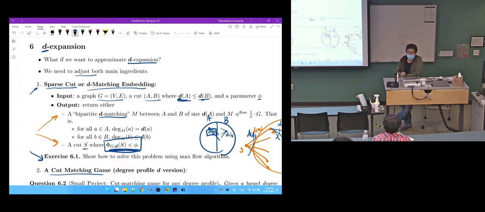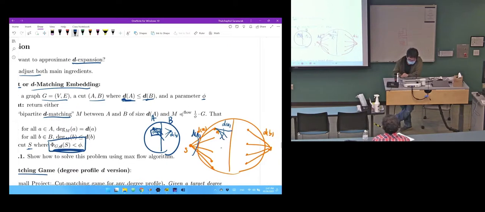Yeah. There's no restriction that D needs to be integer. Right? No. D can be anything. Then again, okay, I forgot to say that. What should be the capacity here on the original graph?